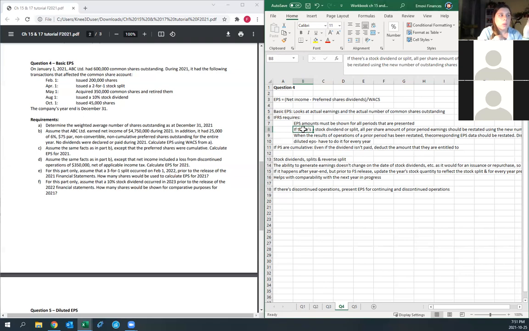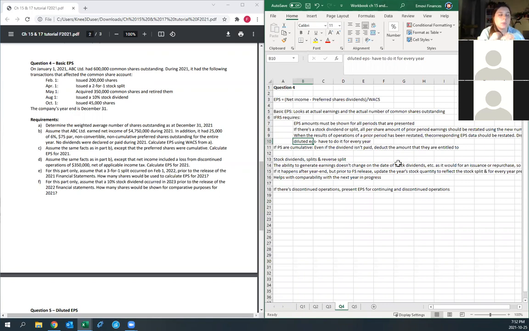And then when the results of operations of a prior period have been restated, the corresponding EPS data should also be restated, and that's going to be shown in the year of restatement. And then if one year they decide to put the diluted EPS, then they have to do it forever. They must always include the diluted EPS in their financial statements.